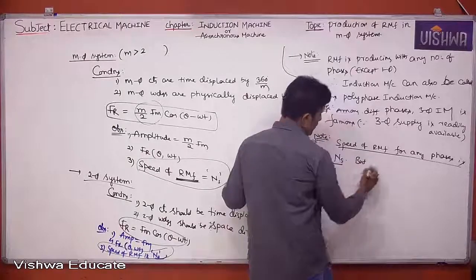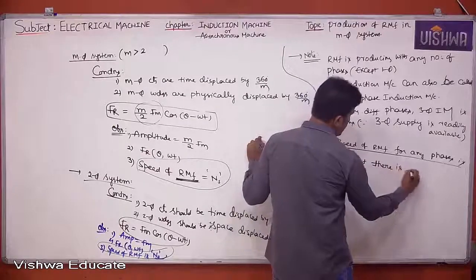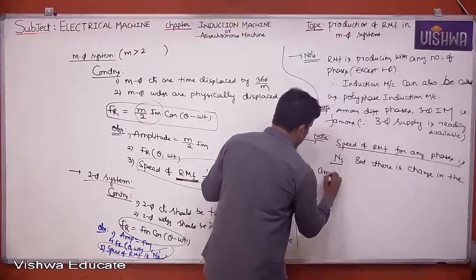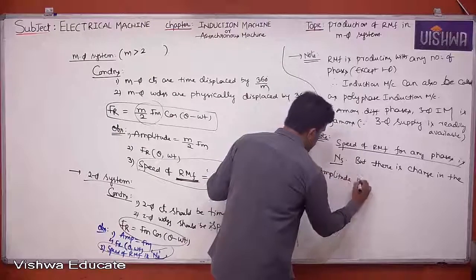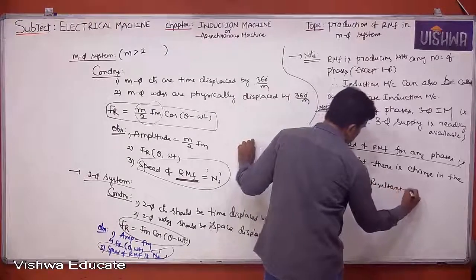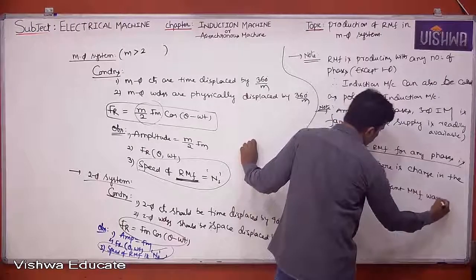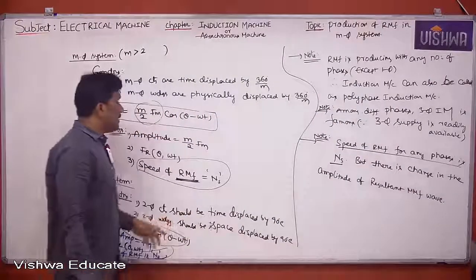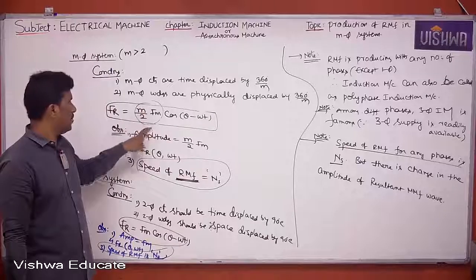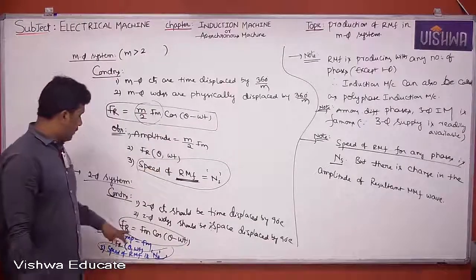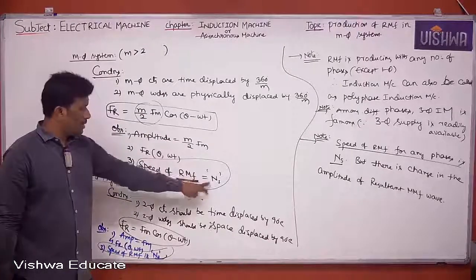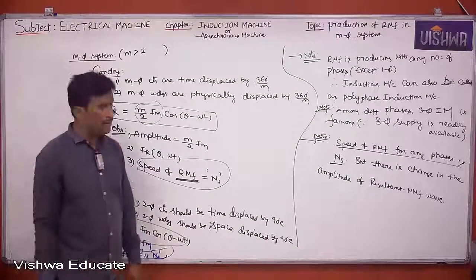But there is change in the amplitude of the resultant MMF wave. If you take 3-phase, 3 by 2; 4-phase, 4 by 2; 5-phase, 5 by 2 Fm; and for 2-phase it's Fm. So there is change in only amplitude, but the speed of RMF here is ns, and the speed of RMF here also is ns. Okay, so please note this.